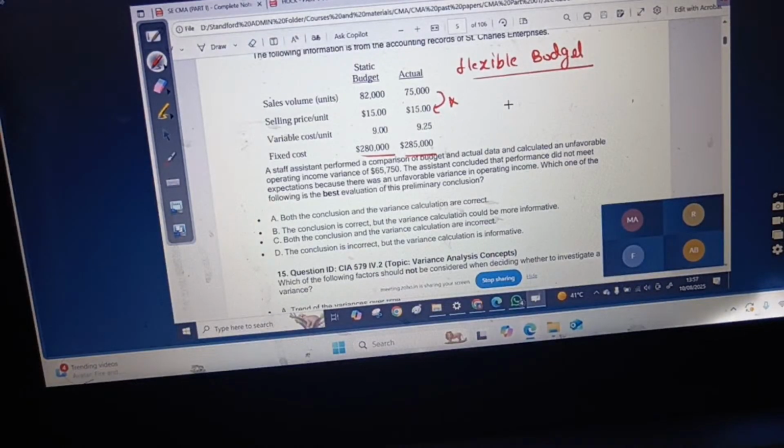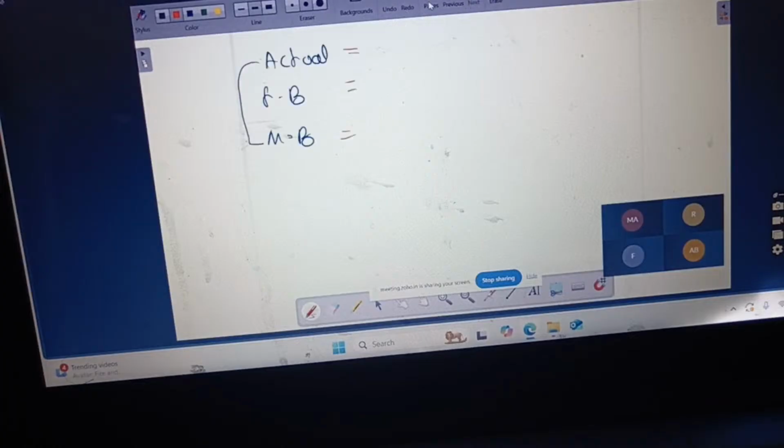Revenue minus. This is the operating income under actual.